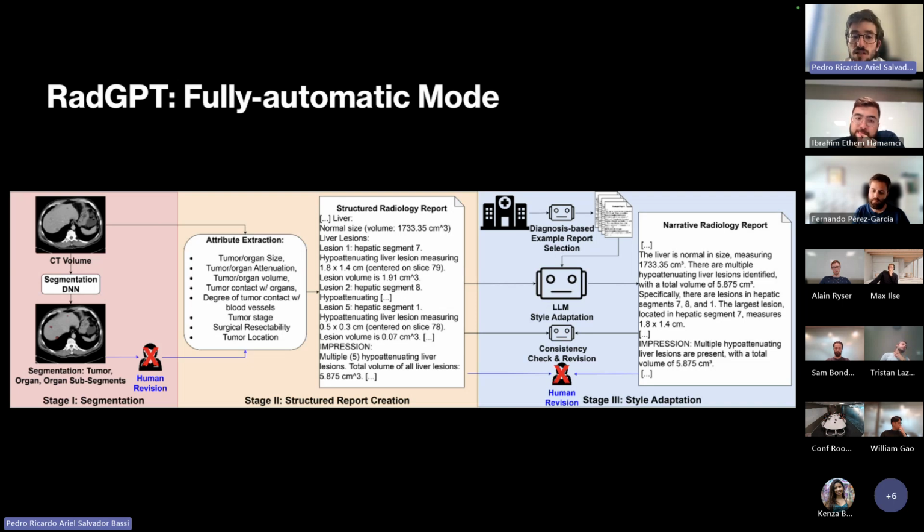So what we want here is to translate this high accuracy of segmentation into report generation. And we do that with the same pipeline that we use to create the dataset, but removing the human revision. And again, this deterministic extraction of information from the segmentation ensures that if the segmentation can find the tumor, it will be in our reports.